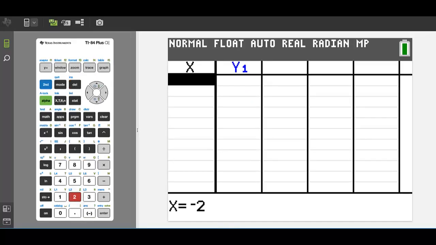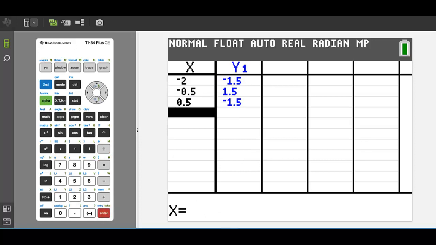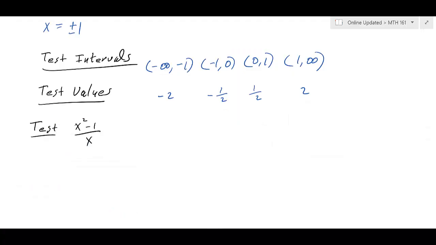We have negative 2, negative 1/2, positive 1/2, and a positive 2. We're getting out negative 1.5, positive 1.5, negative 1.5, and a positive 1.5.